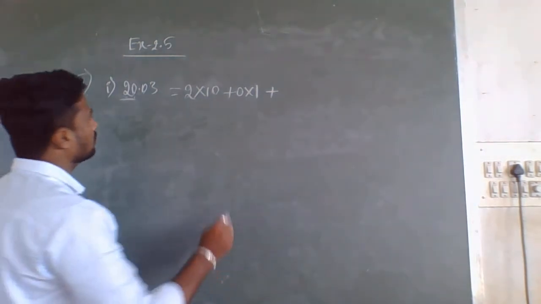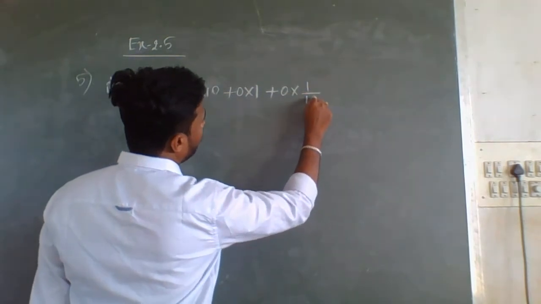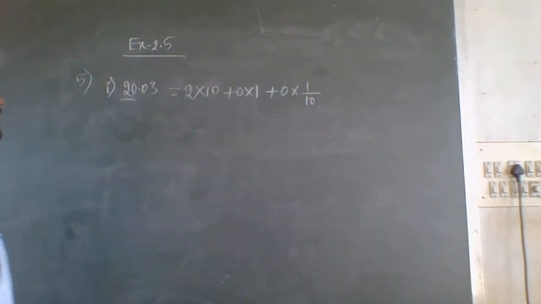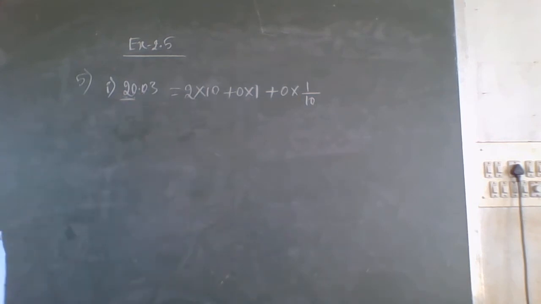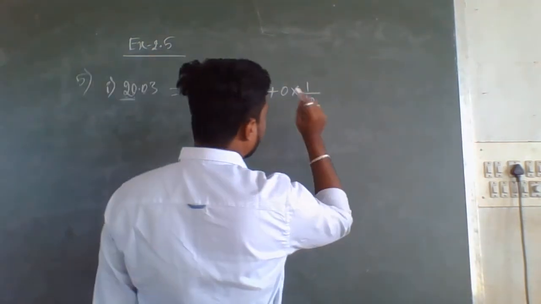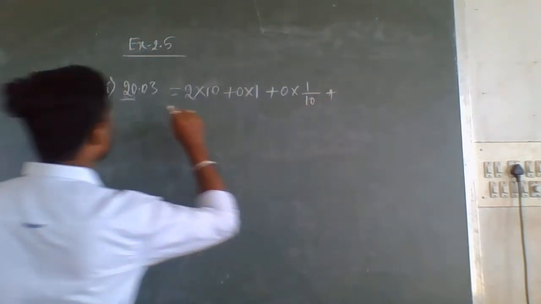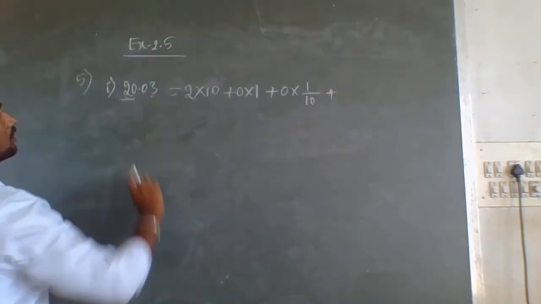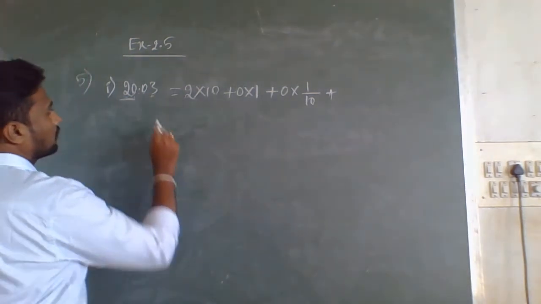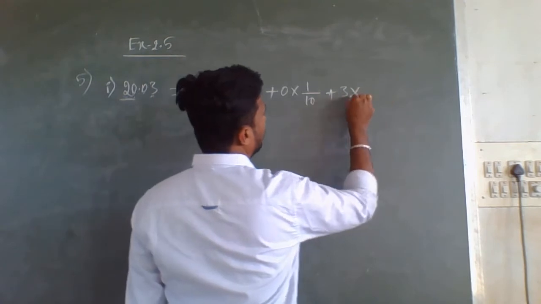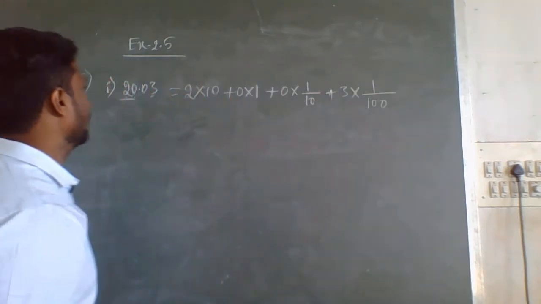Tenth position means 1 by 10, so 0 into 1 by 10, plus next 3 is at the hundredth position, means 1 by 100, so 3 into 1 by 100.